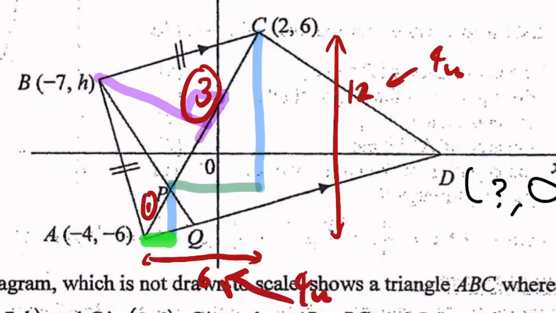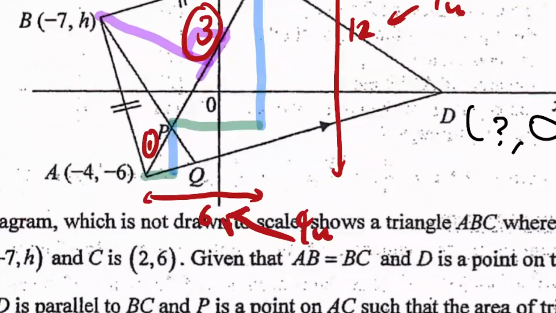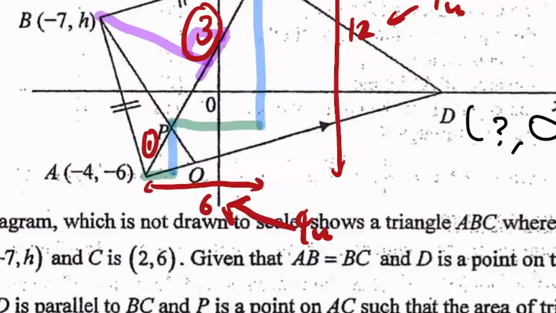Here, the green length is just 1 unit, 1:3. Something like this is worth 4 units.